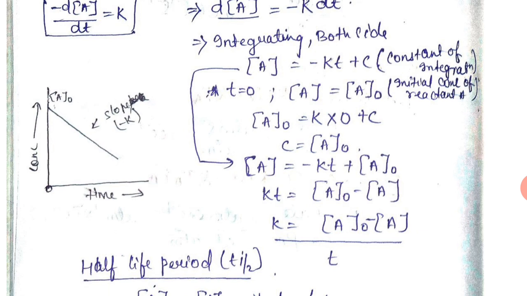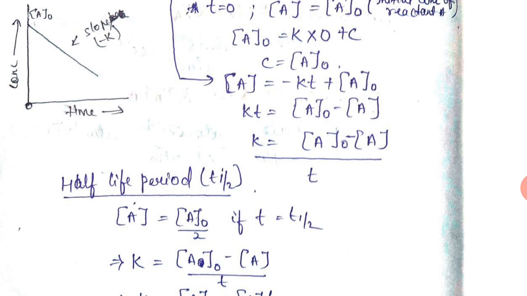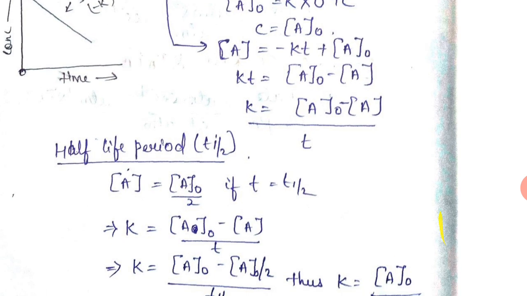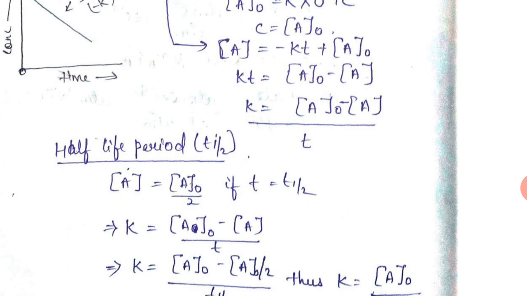This is the graph of concentration against time, where the slope comes negative from initial to final. Next, half-life period. If the time is t half, we get k is equal to initial concentration of reactant A minus the molar concentration of A by time. But at half-life, the concentration of reactant is also half.